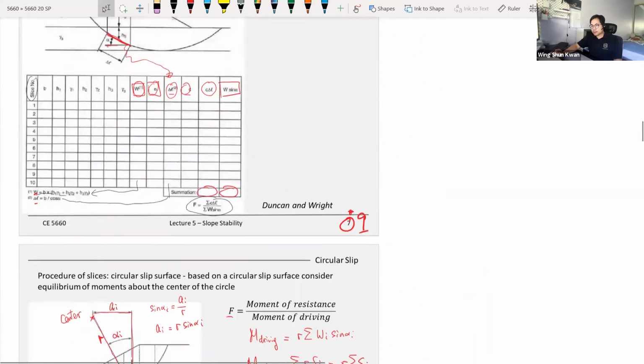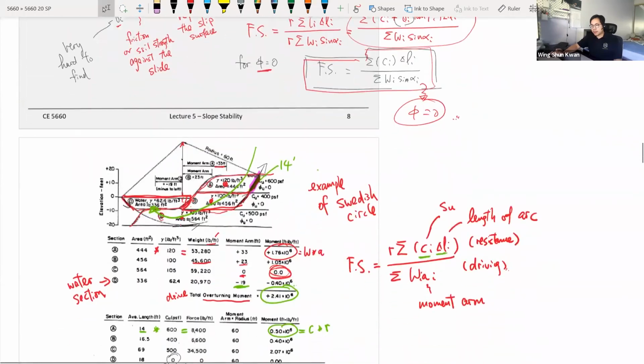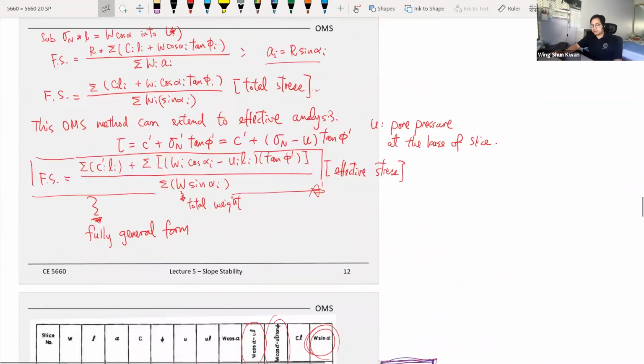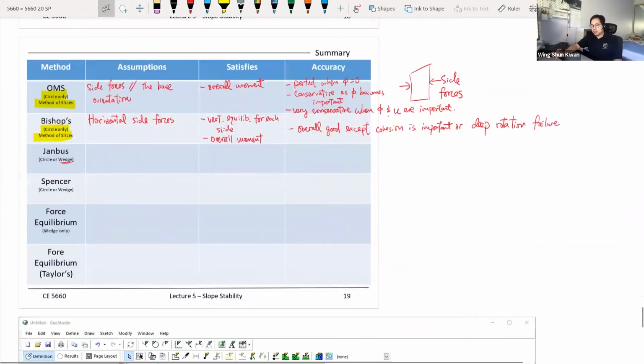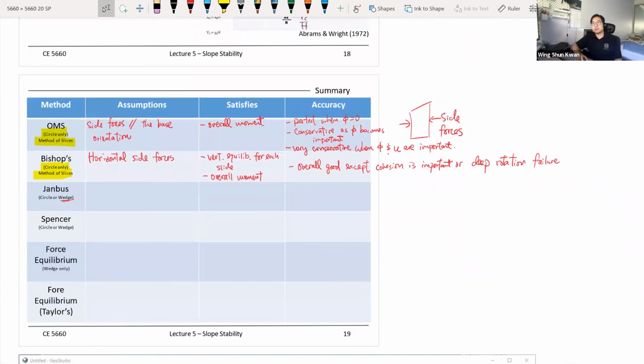With those two methods, the key difference is how to assume the internal forces. For OMS, the major assumption is that the side force is parallel with the base orientation.